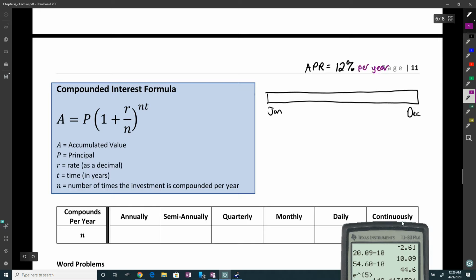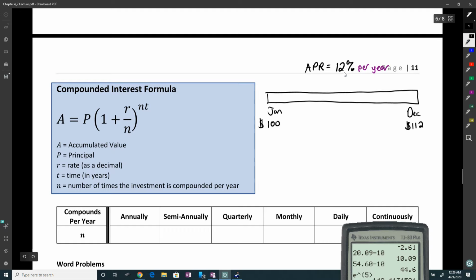That means that whatever you borrow, at the end of the year, you're going to be paying 12% of whatever you borrowed in interest per year. So if you borrowed $100, at the end of the year, you're going to be paying back $112. So let's say in January you borrow 100. Next January, you'd have to pay back 112 because of the APR.